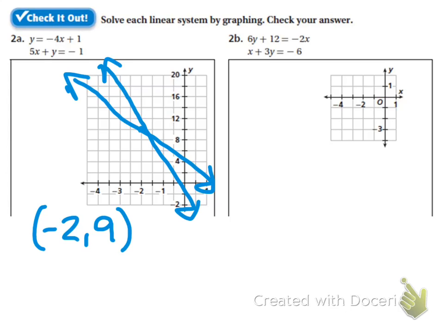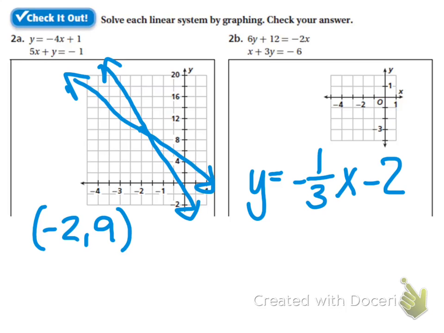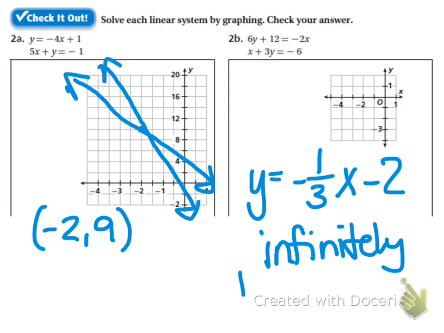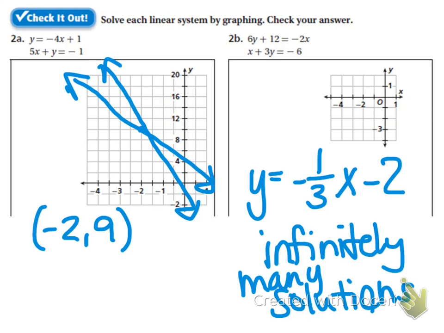The next one, it was the same line, so you should have had y equals negative 1/3 x minus 2, so they have infinitely many solutions. So there was not just 1 point, all points were the same.